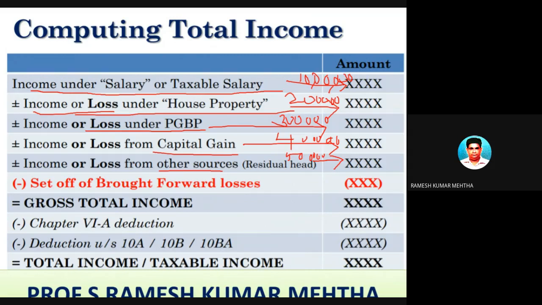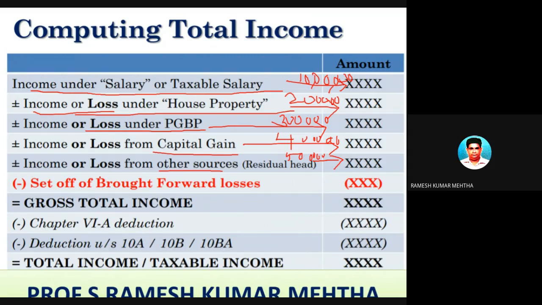I have prepared a separate video on the chapter set off and carry forward of losses, and it has been uploaded on YouTube. I recommend you to get detailed information about the topic of set off and carry forward of losses.